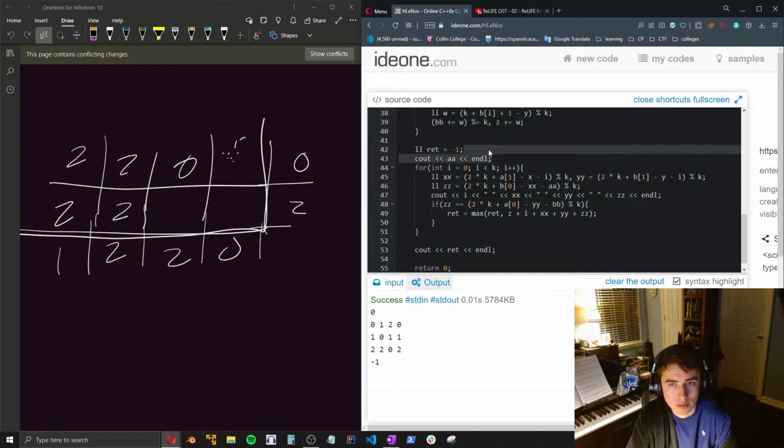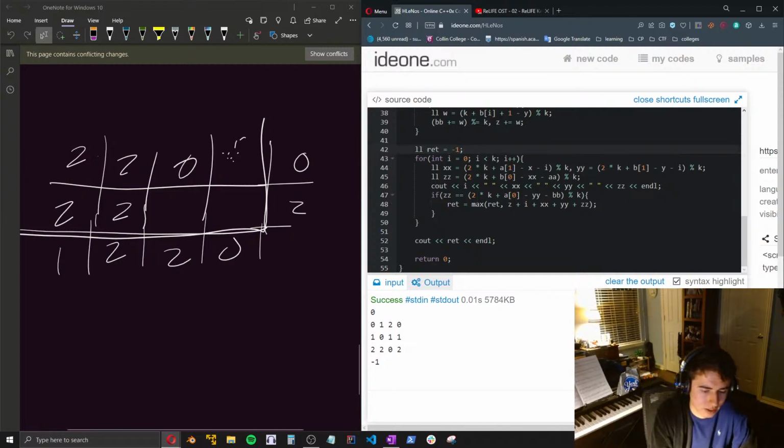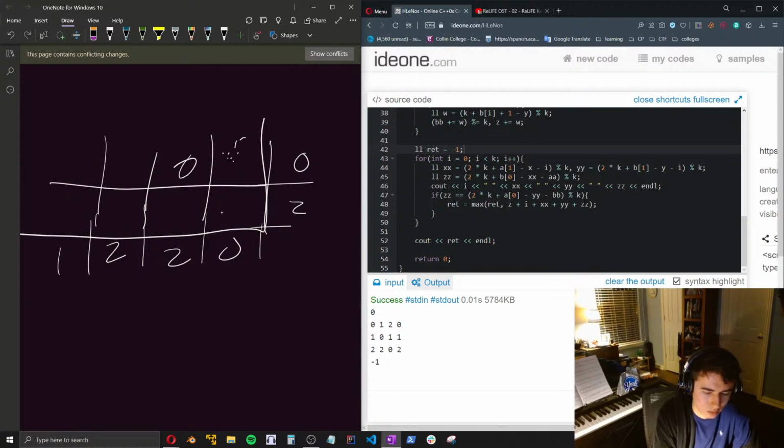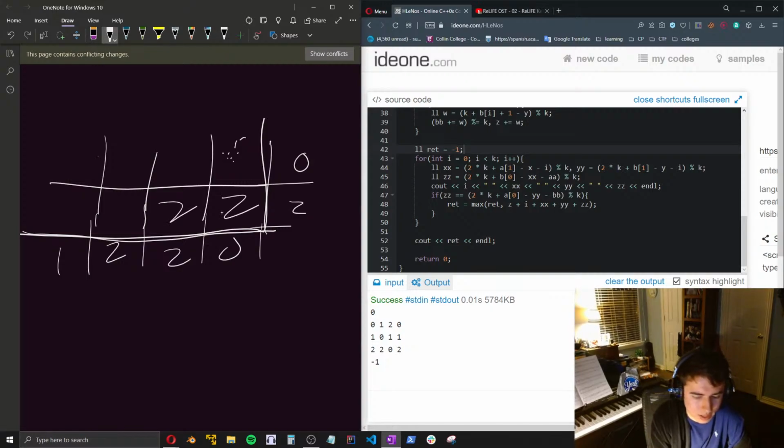Alright, first off, we drew our diagram differently, I just realized. Now we have it. We have this filled up here, I guess. We have this equal to 1. This equal to 0.